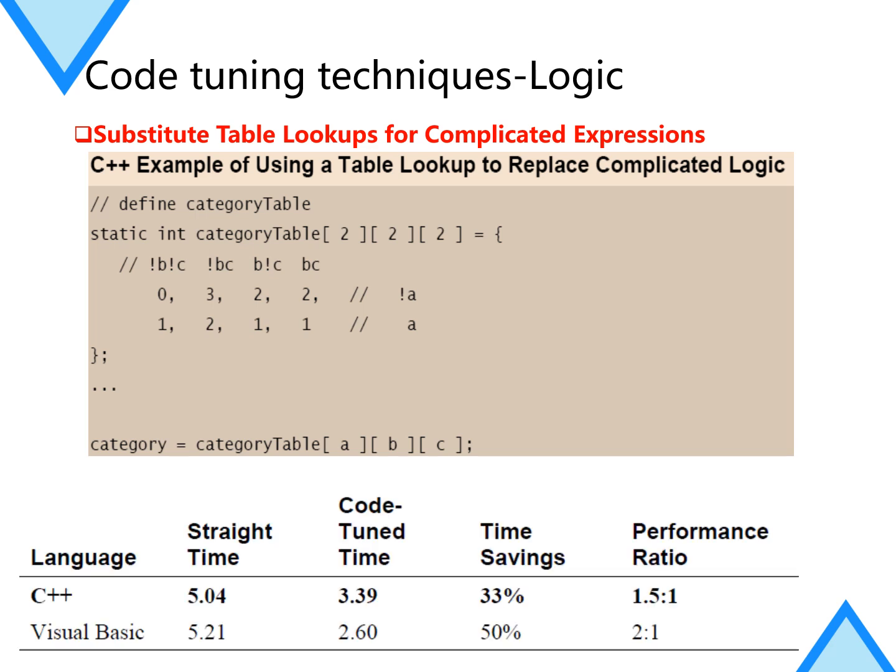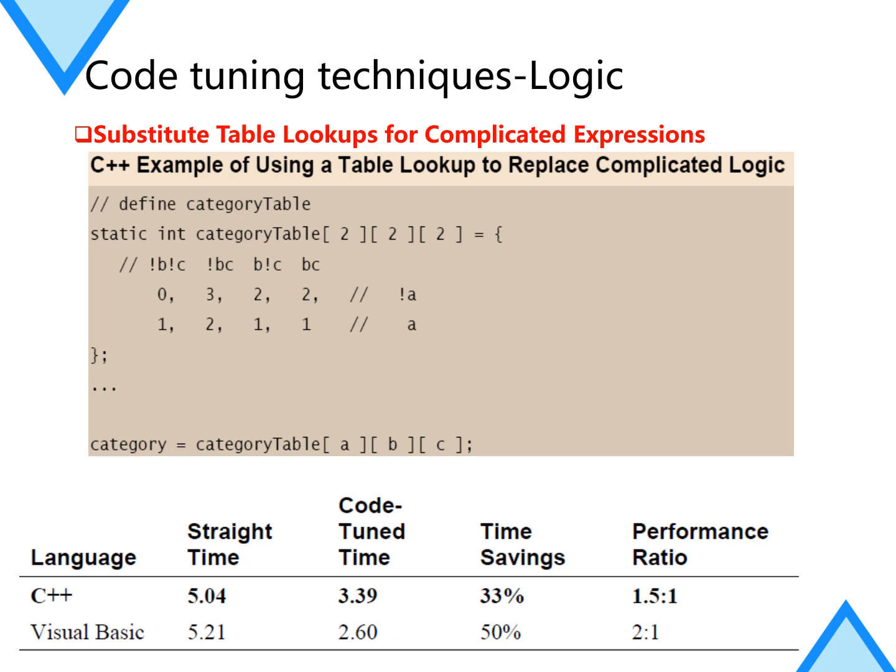Let's see some performance improvement. Using C++, we have 1.5 to 1, so we can say that in C++ we can save time by 33%, while in Visual Basic we can save time by 50%.